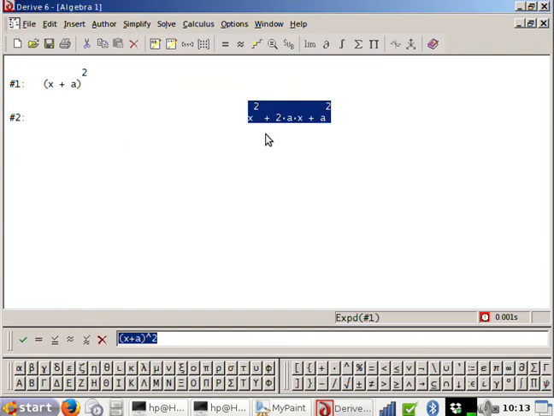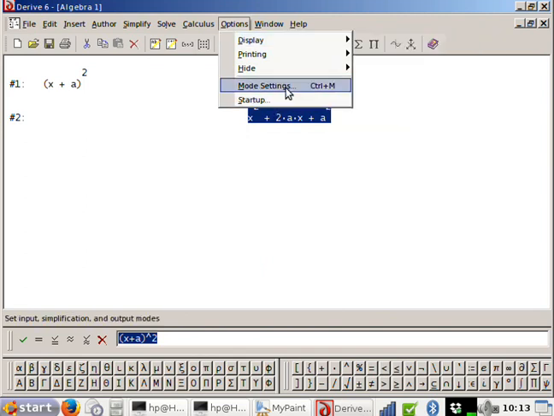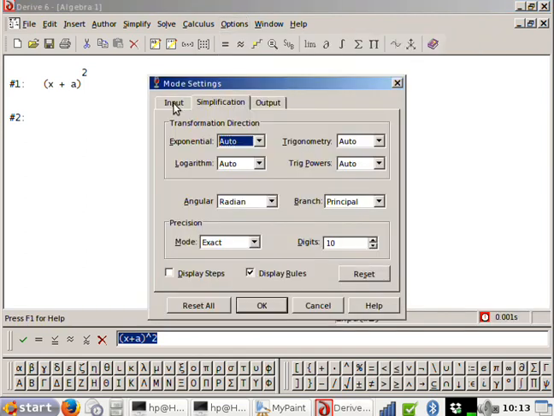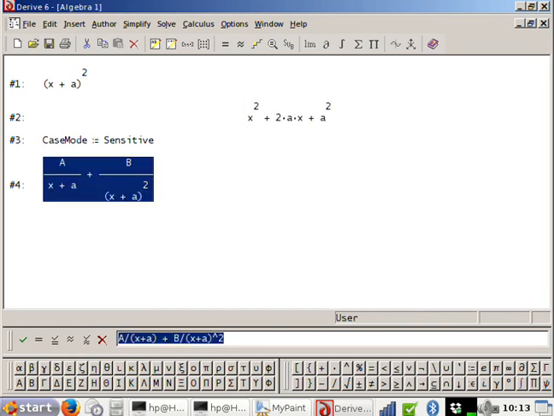So I had a over x plus a plus b over (x plus a) squared.